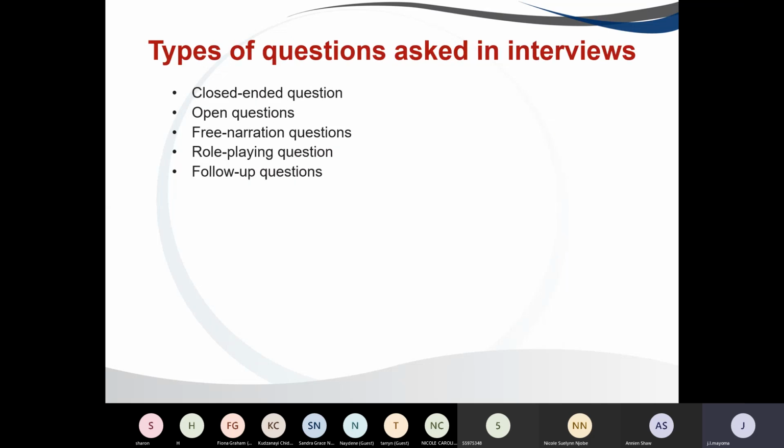Still on the topic of interviews, we then looked at the various types of questions that are asked in these interviews. So we have what we call closed-ended questions, which are really just your yes/no questions, or questions that only require one answer. So multiple choice questions are also sort of closed questions.